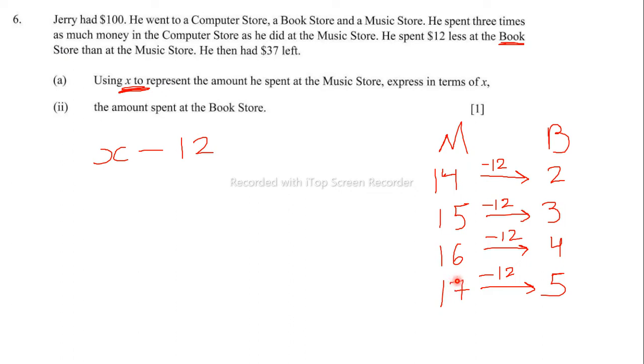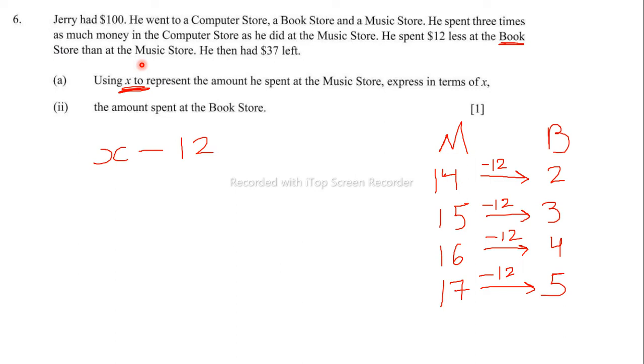The amount that he spent at the music store minus 12. It says that he spent $12 less at the bookstore than at the music store. So clearly he spent more money at the music store, which is $12 more.